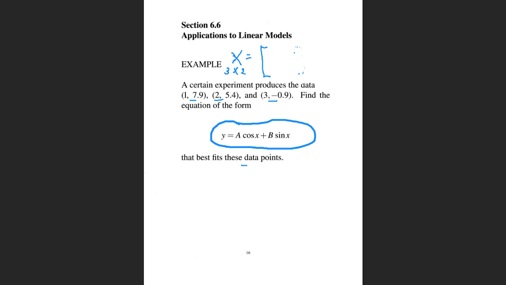Now, let me ask you this. Don't put this in yet, but would it be okay to have a 1, 1, and 1 here? Is that in our design?